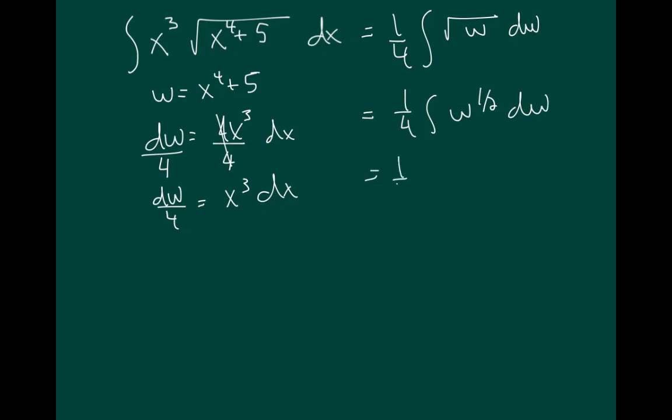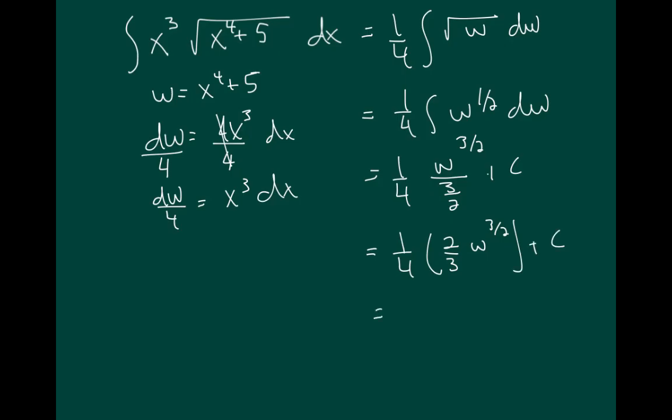And so I can integrate 1/4 w to the 3/2 divided by 3/2 plus c, which is going to be 1/4 times 2/3 w to the 3/2 plus c, which is 1/6 w to the 3/2.